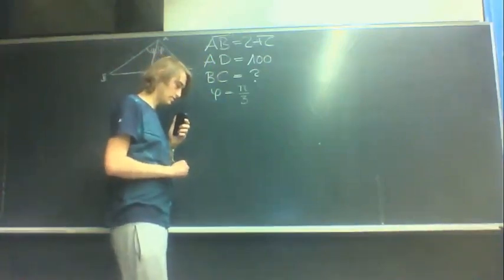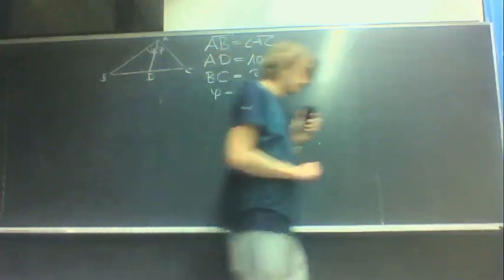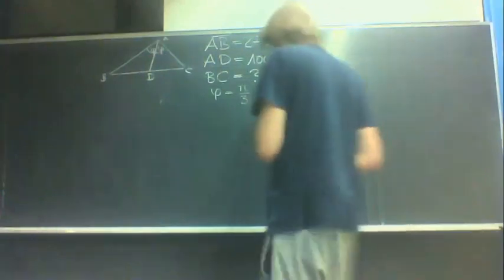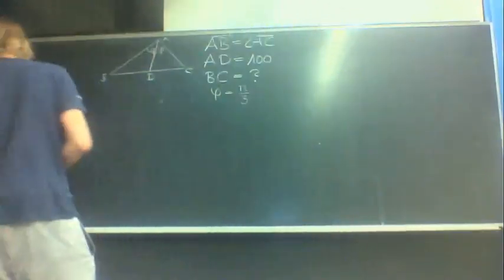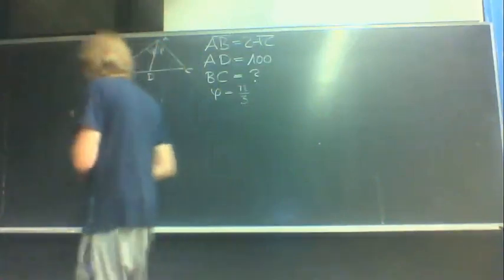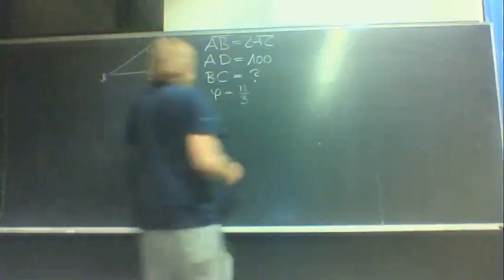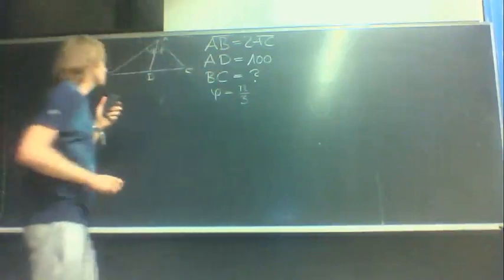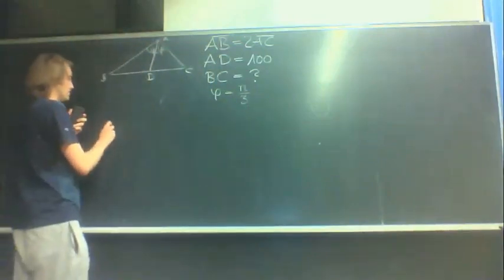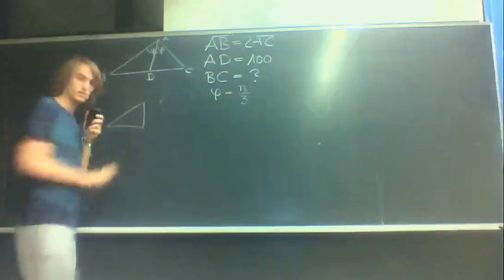So let me think about this. Pi is 180 degrees, so pi over 3 has to be 180 divided by 3 degrees. This should be 60.